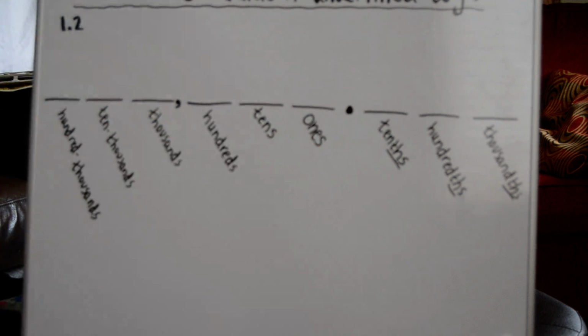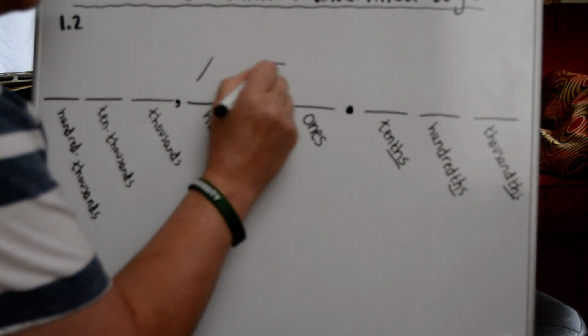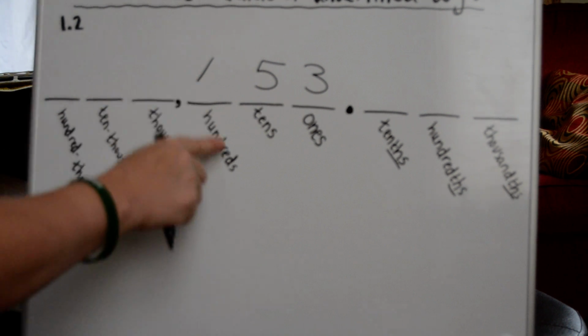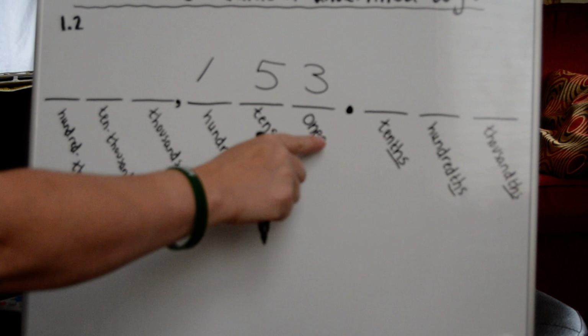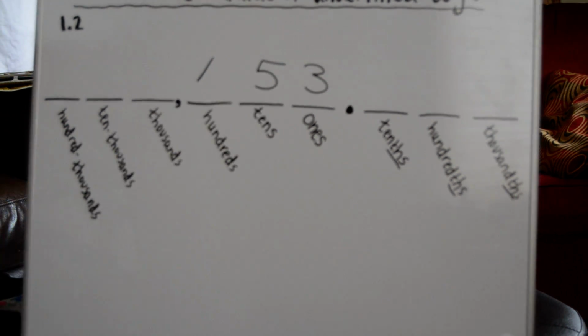When we read a number such as this, we would say 153. And we say 50 here because that's 5 tens or 50. So we say 153.